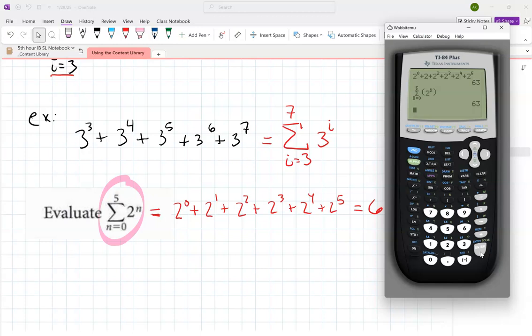Yep. And then you just type it the way it looks like on your sheet of paper and press enter. And that's pretty slick, huh? It's like, I like that, Mr. Kulik.